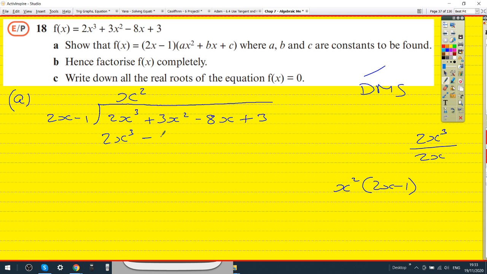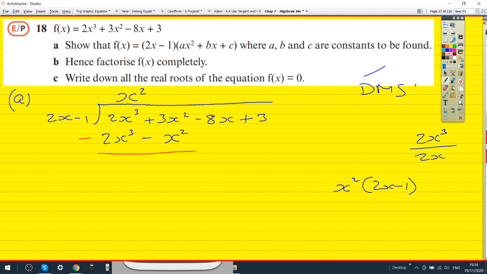It's x squared times both of them. So you get 2x cubed minus x squared. And you'll notice that you always get the same thing at the start twice. That's so when you subtract them, that's eliminated.